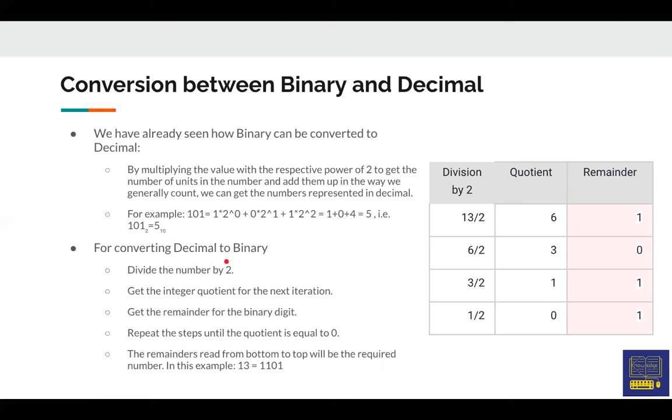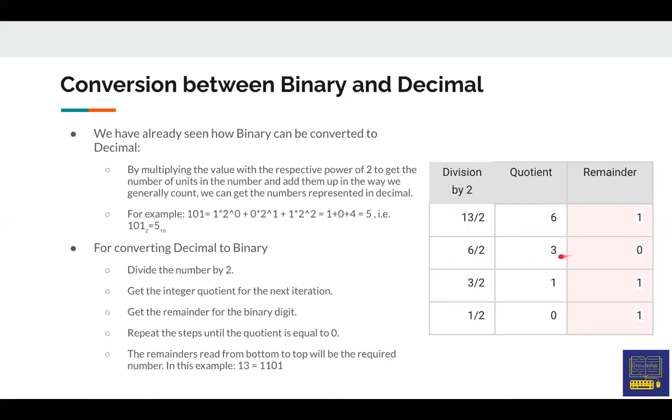Again, now from decimal to binary, this is probably new. The idea is that you repeatedly divide the number you want to convert by 2. So in this particular example, I want to convert 13. So 13 divided by 2 is 6, and I get the remainder 1. I take this quotient and make it the dividend for the next iteration. 6 by 2 is 3.